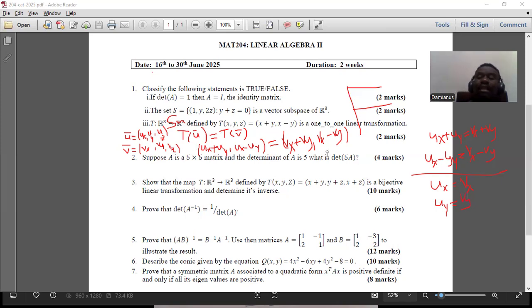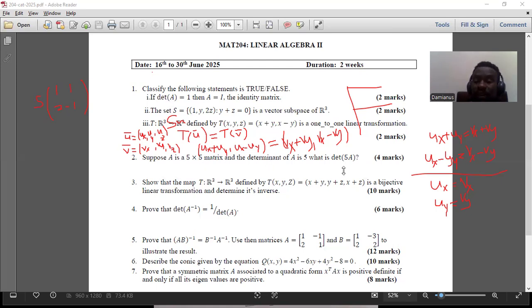So in this case, since the whole matrix is multiplied by 5, it means that each row is scaled. If I have a matrix, say, 1, 1, 2, minus 1, when you multiply by 5, this matrix becomes 5, 5, 10, minus 5. Means each row is actually scaled by 5. So the determinant is also scaled by the multiple for the number of rows that you have. So here we have how many?